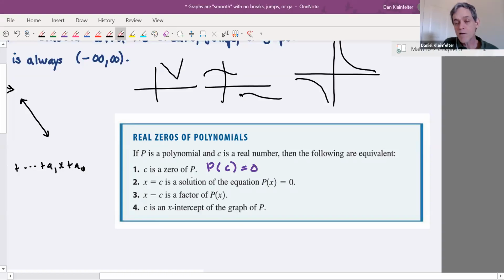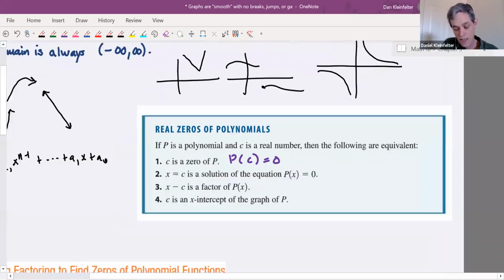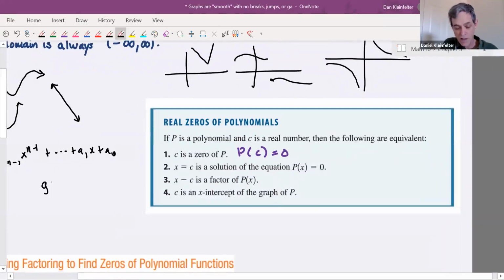Okay, so c is a 0 of p. A 0 of a function is a number that you'd plug into the function to make 0 come out. Just a quick reminder of how that goes. If you have a function g of x, which is 2x minus 8, what is g of 4? g of 4 is 0, right? So 4 is a 0 of g.